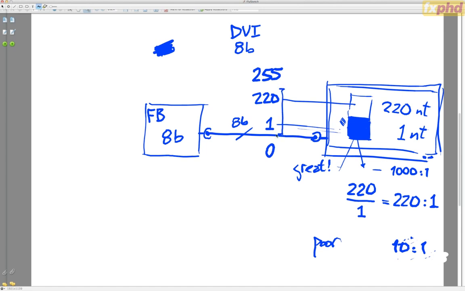But let's say those are the numbers for the time being. So you might think to yourself, well, okay, that 220 divided by 1, that's just the contrast ratio. But it's absolutely not.